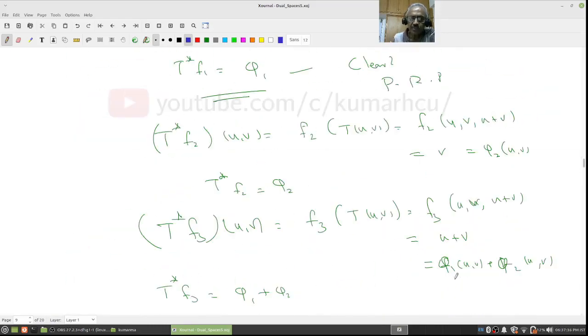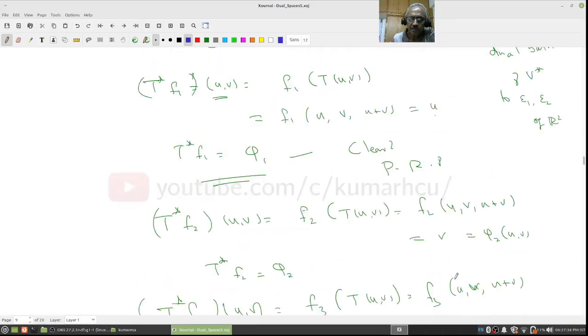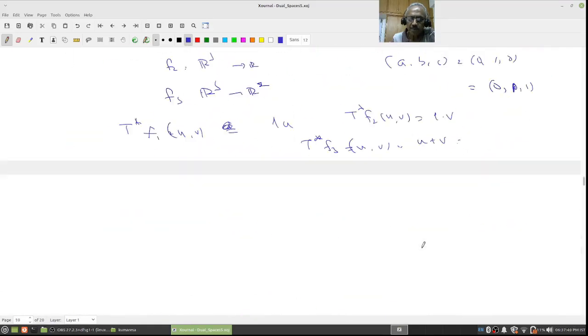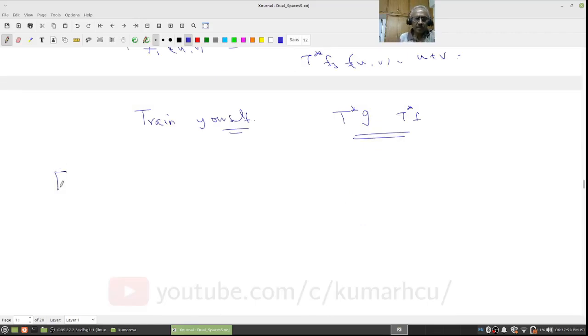That's what we found out. Okay, so what we have shown is that you should train yourself with various things, how to look at T star of G, T star of F, etc. Okay, let us do a second example.